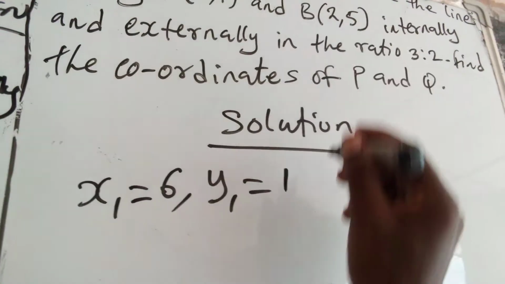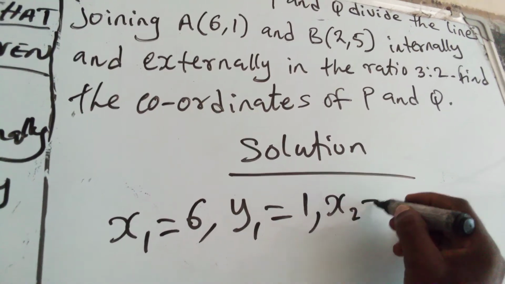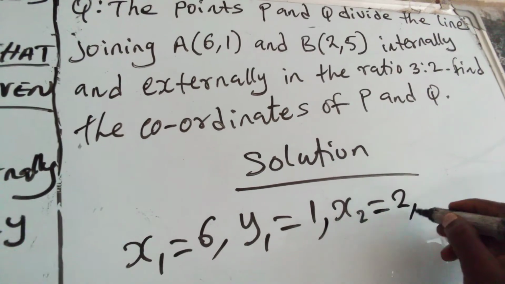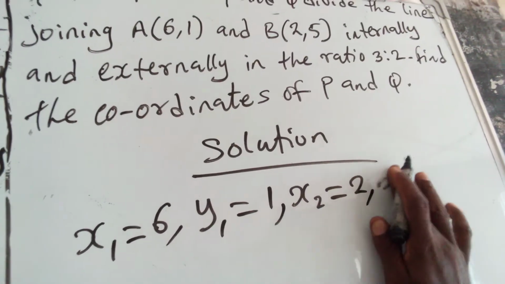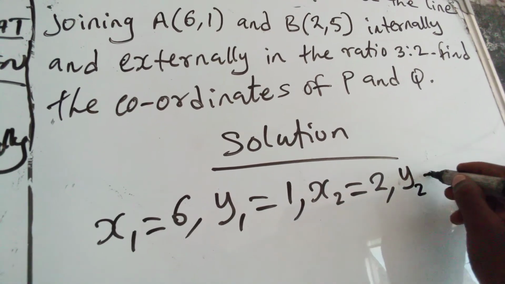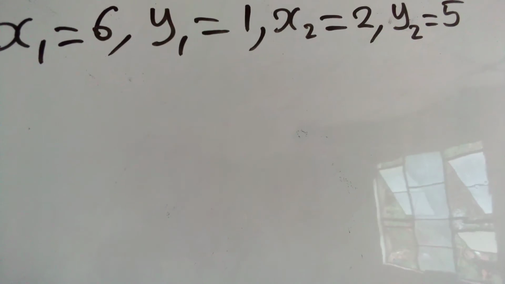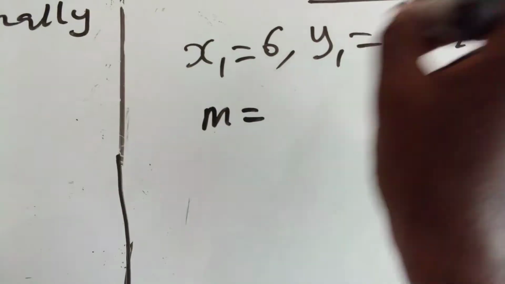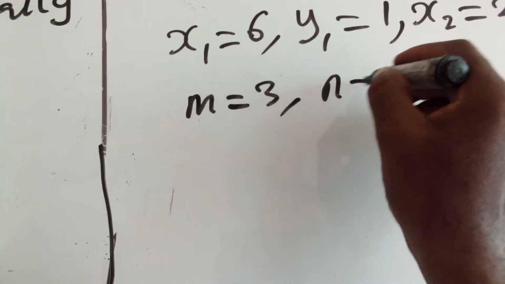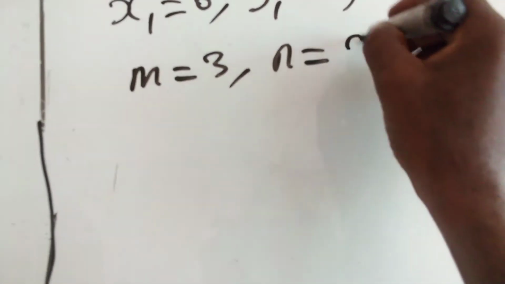So you go to the second point, you get your x2, which is 2. You get your y2, which is 5. Then your ratio. In the ratio, m is the first number, which is 3. Then n is the second number, which is 2.